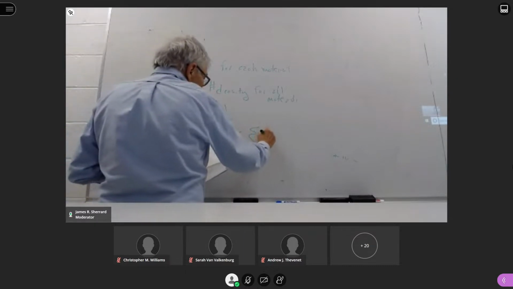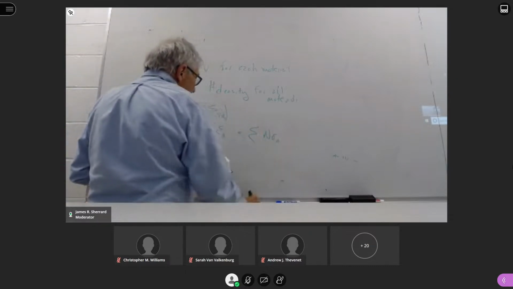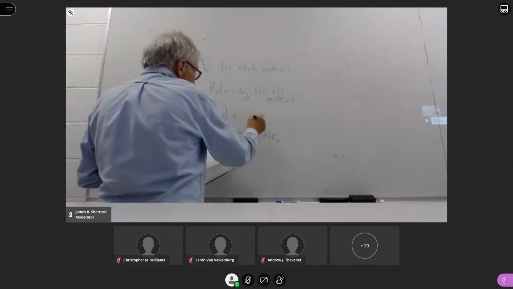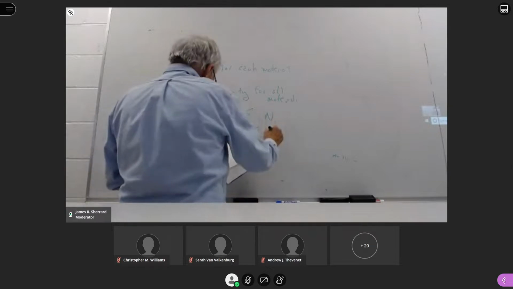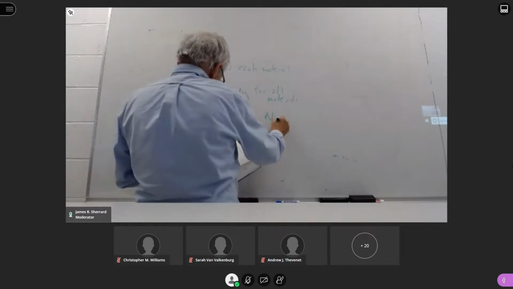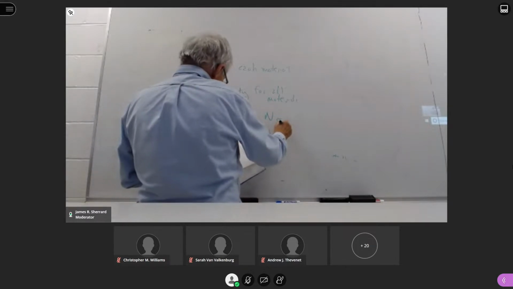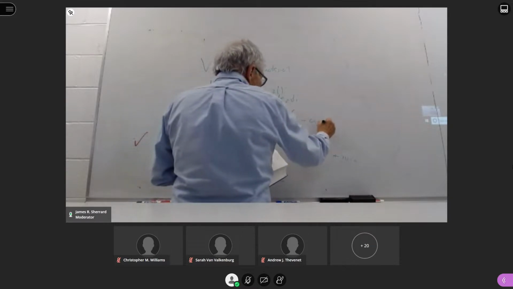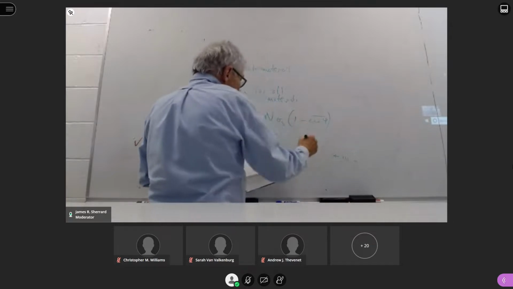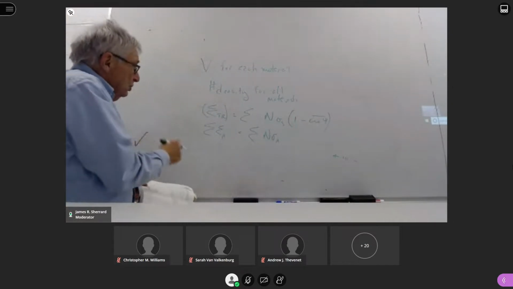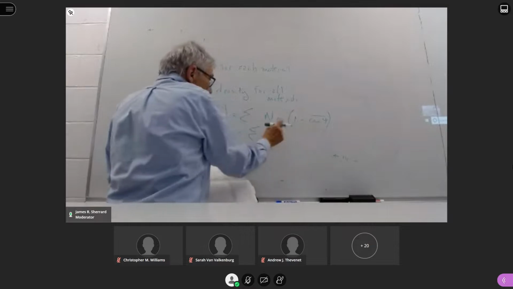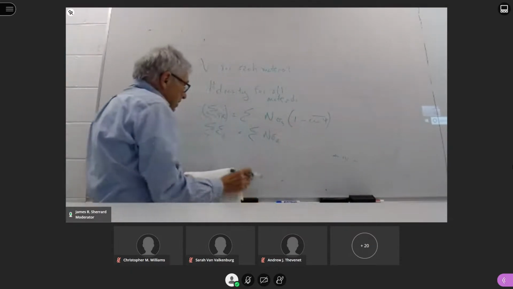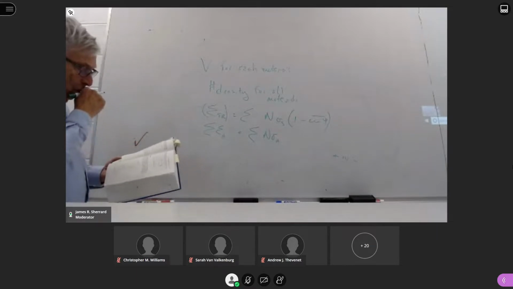And again, this is the sum of N times sigma A. This guy is the sum of N times sigma S times 1 minus the average value of cosine, or whatever that particular material is. So in this case, 3 materials, we're going to have to do 3 of these calculations, add them together. Down here, we're going to have to do 3 of these calculations, add them together to come up with those values.